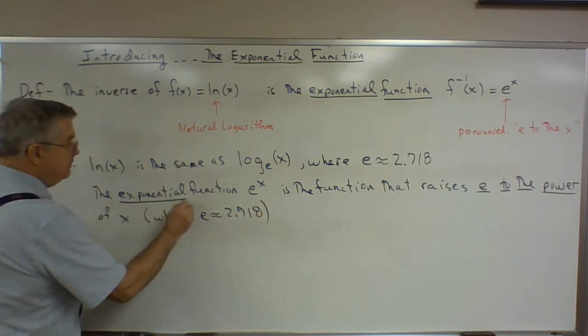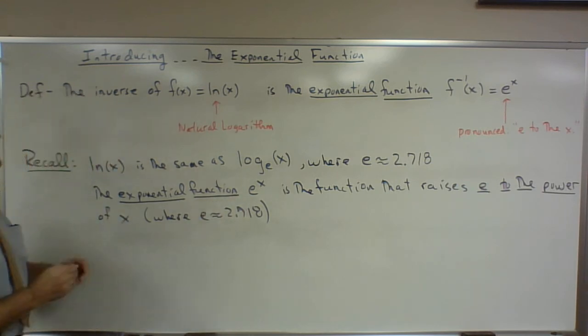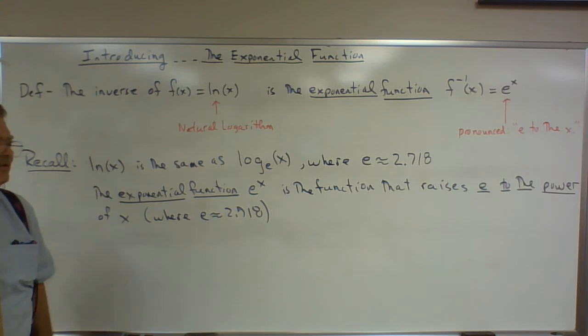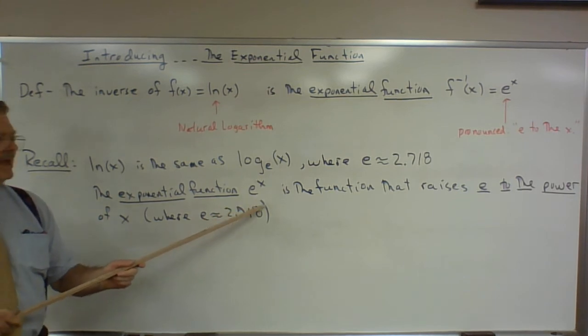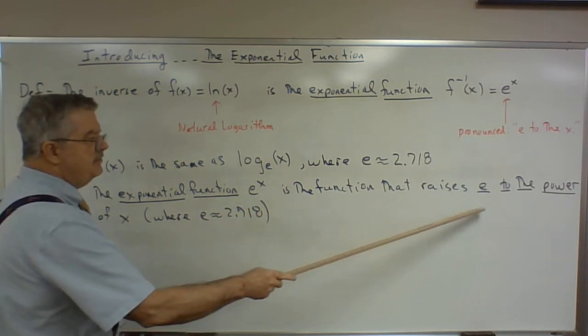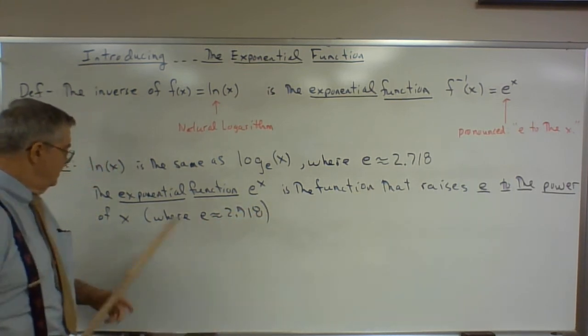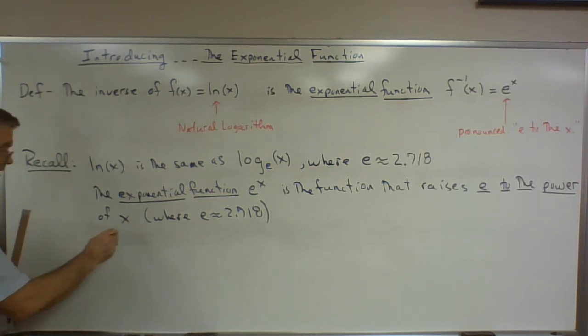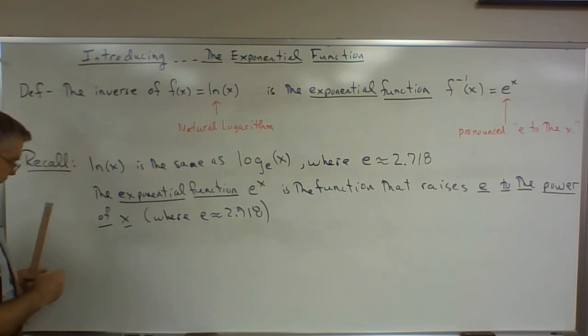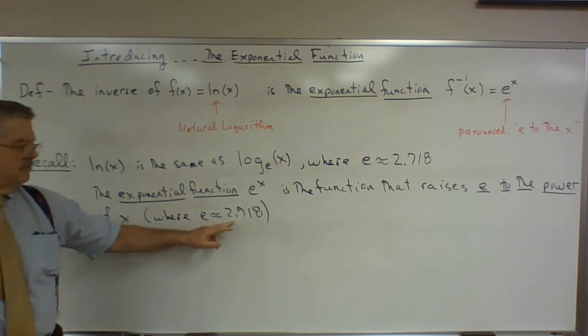The exponential function, e to the x, which is the inverse of the natural log function. This function, e to the x, raises the number e to the power of x, where e is this same screwball number, approximately equal to 2.718.